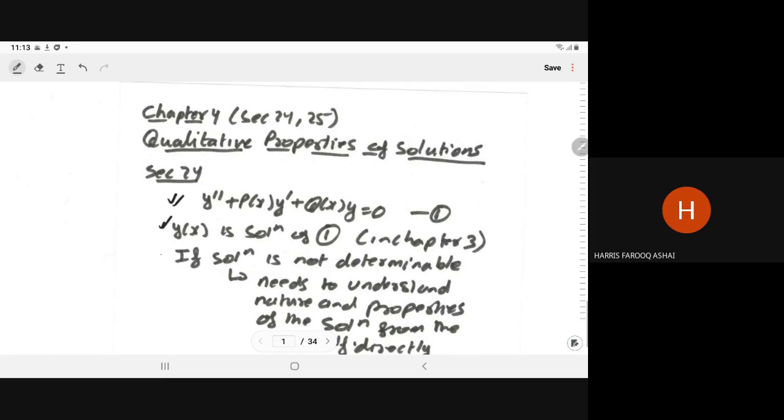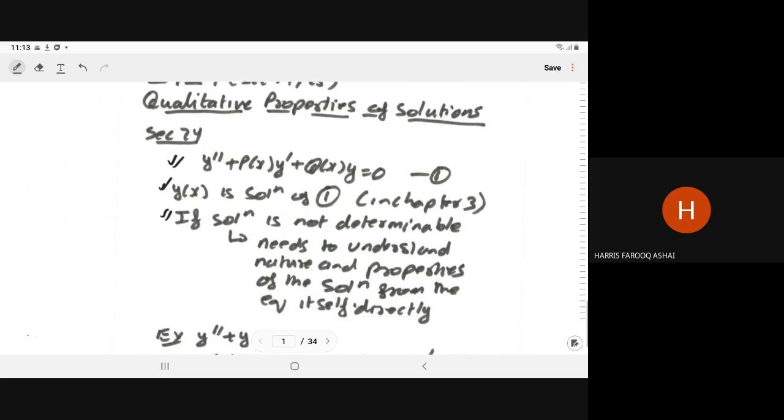Now the question arises: if the solution cannot be determined, we need to understand the nature and properties of the solution from the equation itself directly. So it is okay, we agree that we cannot determine the solution. Can we judge the nature and properties of the solution from the differential equation itself?